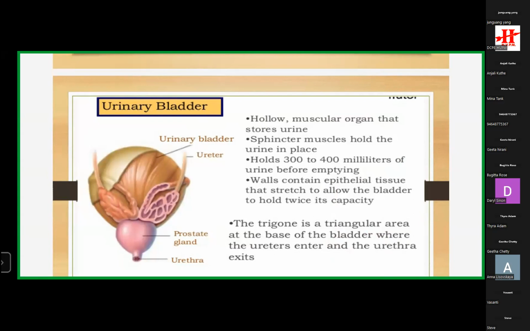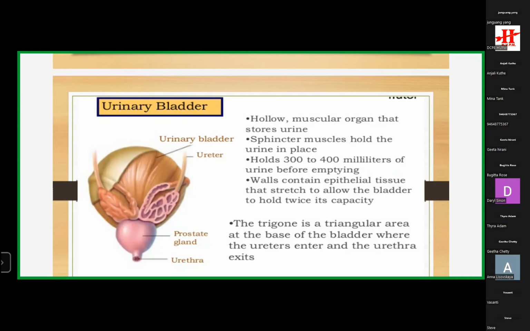there is a specific muscle known as the sphincter muscle, also located inside the body, and it plays a major role to hold a particular part. For example, it is present in our urinary bladder, or surrounding the urethra, surrounding the anal canal, to hold the stool or to hold the urine.